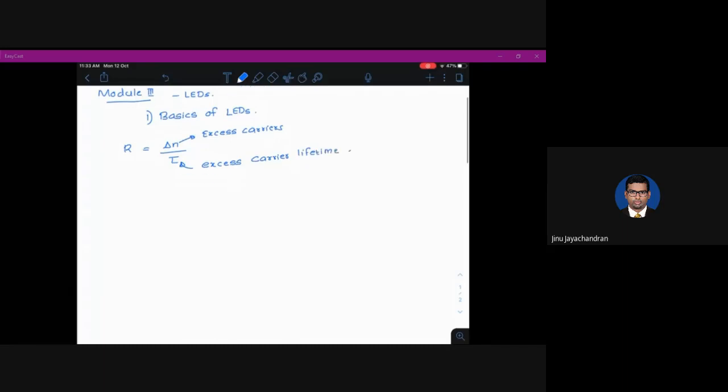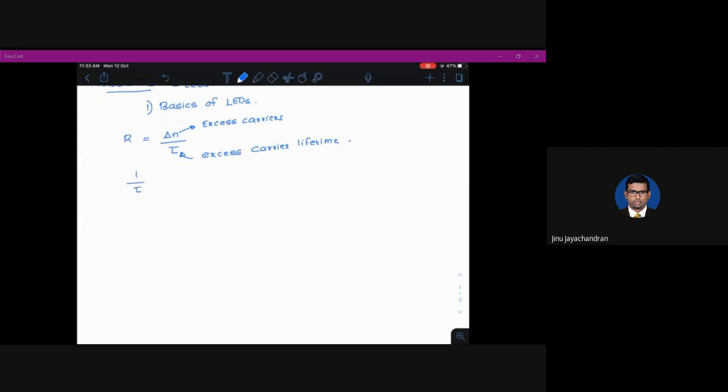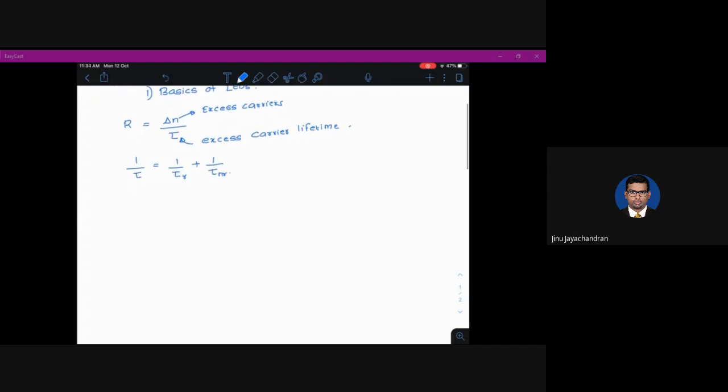We also saw that 1 by the total excess carrier lifetime is 1 by the radiative carrier lifetime plus 1 by the non-radiative carrier lifetime. Okay, and also we found something called the quantum efficiency or radiative recombination efficiency, eta I, equal to tau by tau r. I might have noted it as tau total or something like that.